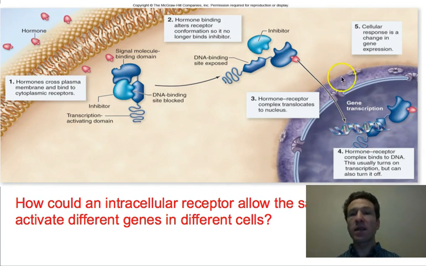What this means is that if different types of cells have different co-activators, then the same steroid receptor complex can activate one set of genes in one cell, but it can activate an entirely different set of genes in another cell. So two cells of different types can make different kinds of proteins, even though the ligand is the same, and even though the hormone receptor is the same in both cases.